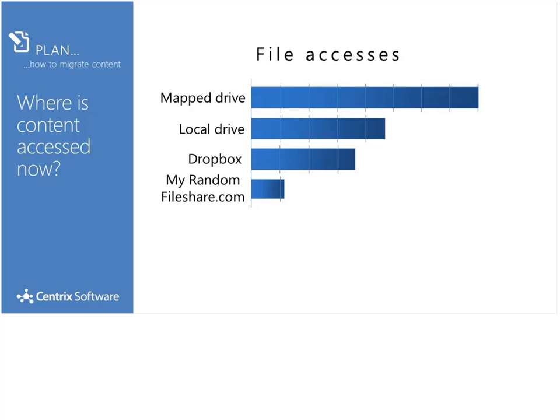Are they storing them locally? With that, you're able to make and prioritize the decision on moving your users onto OneDrive, onto SharePoint, or onto any other Office 365 supported shared location.